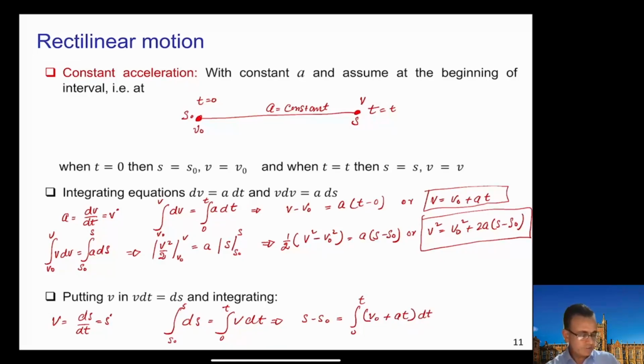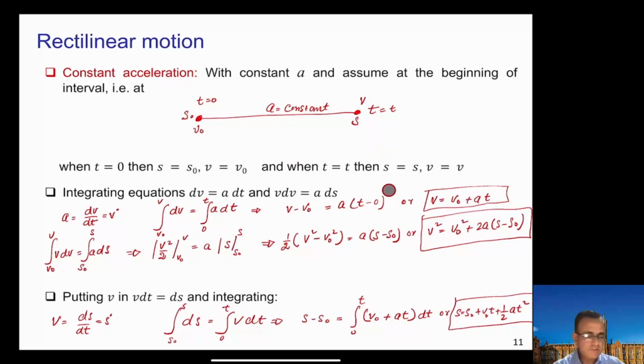If you do this integration, v naught is constant, so it will become v naught t, and this will become plus a t square by 2. This means that we can write s is equal to s naught plus v naught t plus half a t square. So this is our third equation.